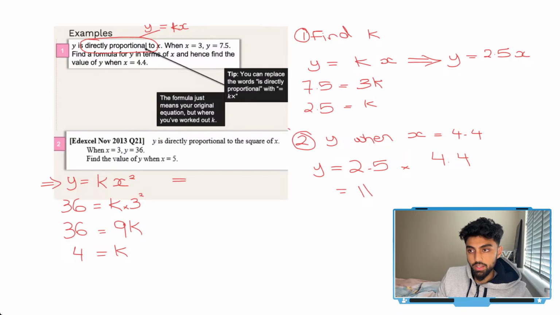Our second step: find the value of y when x is 5. Because we have found k to be 4, our original equation becomes y equals 4 lots of x squared. So to find the value of y when x is 5, we take x, which is 5, we square it and we times it by 4. This gives us y equals 4 times 25, and so y is equal to 100.